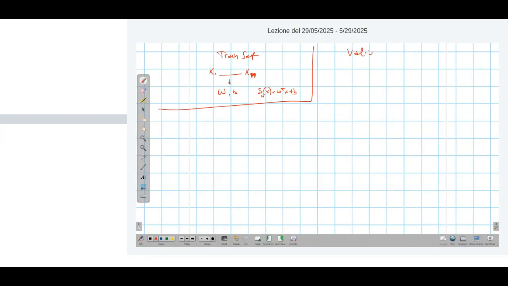Then we take our validation set. We take the samples x1 v through xm v, the validation set samples. Then for these we compute the uncalibrated scores, which will have some histograms, but in this case we don't really care about the histogram because we can look at them, but we will not be using it.